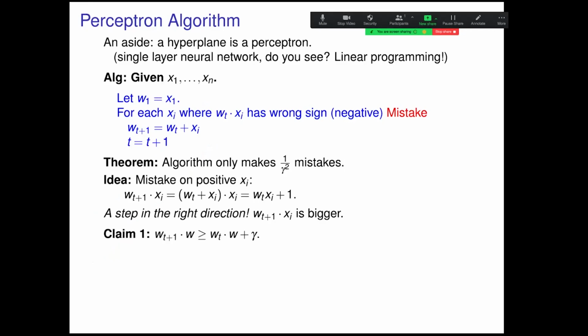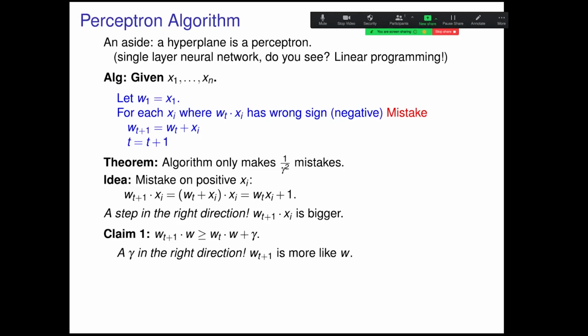I said W_{t+1} dot xi gets bigger, but what I really would like is that W_{t+1} is more toward the right solution. And I'm going to claim that it is, by a little bit, by gamma, which is the margin. So it's a gamma in the right direction.